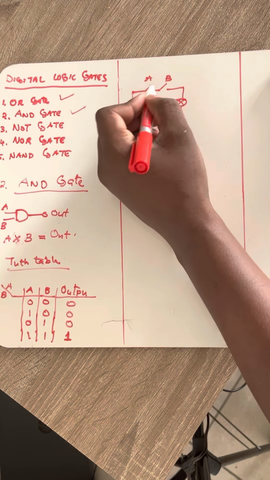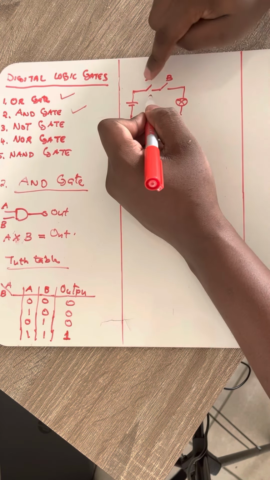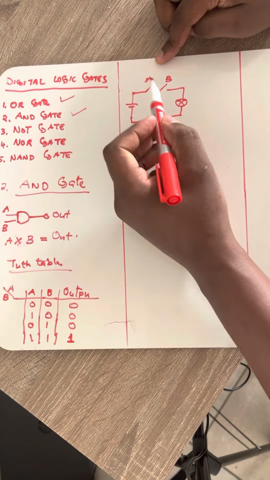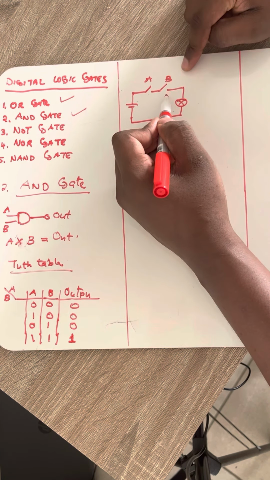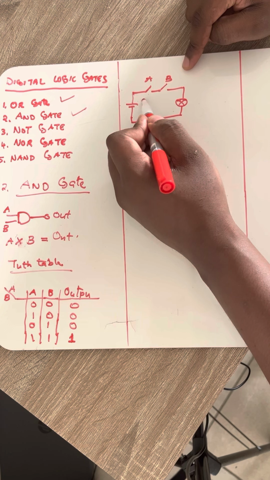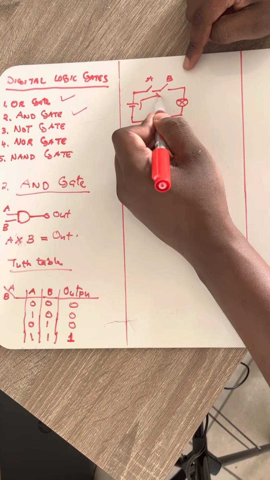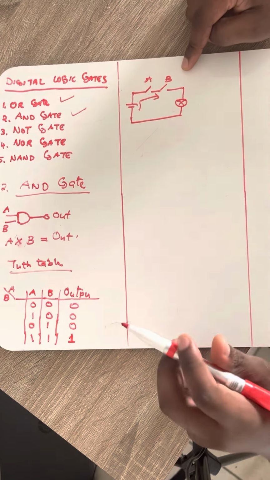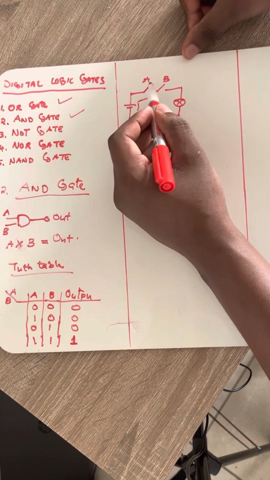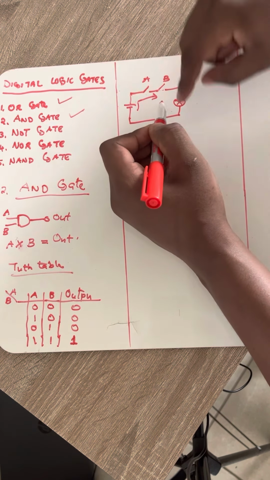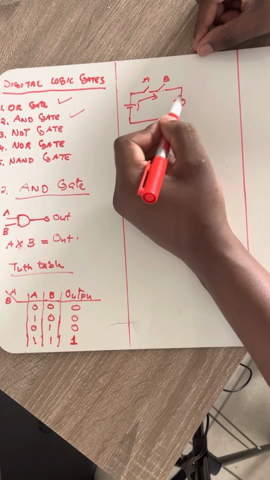If switch A is 1, meaning switch A is closed, but switch B is open, then the current won't be able to flow to the bulb from the battery. The same applies when switch A is open and switch B is closed. The current won't be able to go across the bulb.